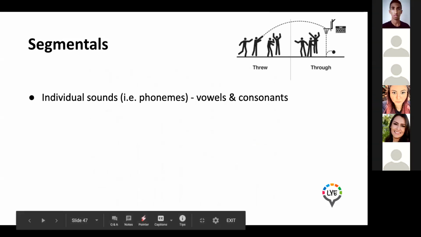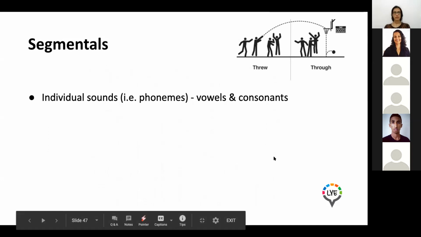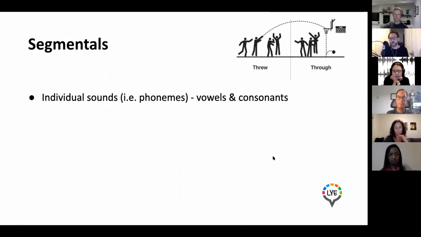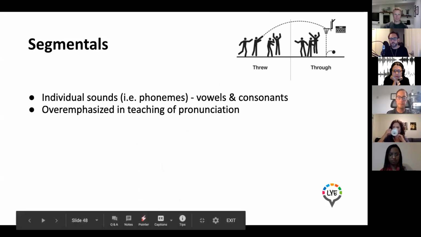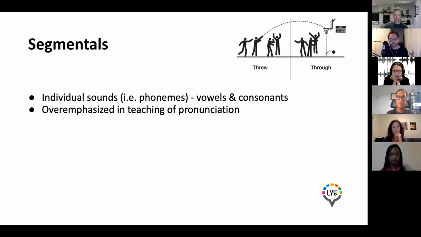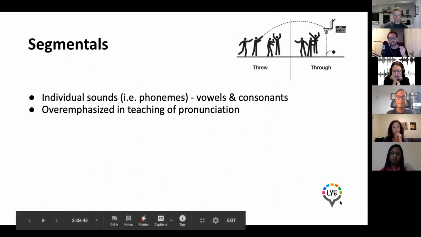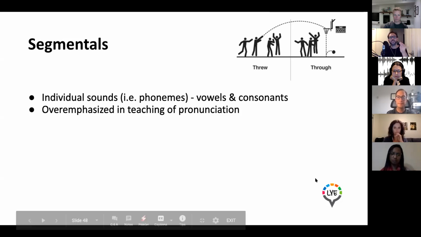So what are segmentals? Segmentals are basically individual sounds. We're looking at phonemes, vowels, consonants, and of course, diphthongs. But the problem is segmentals are overemphasized when we're teaching pronunciation. If you spend a little bit of time on Instagram, on YouTube, or even looking at textbooks, you will find that 99% of what people are teaching students on these social media platforms is basically segmentals.